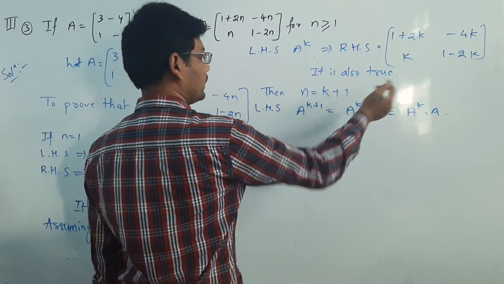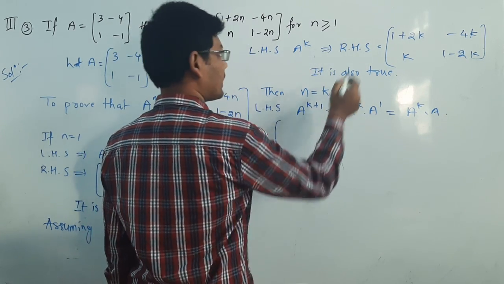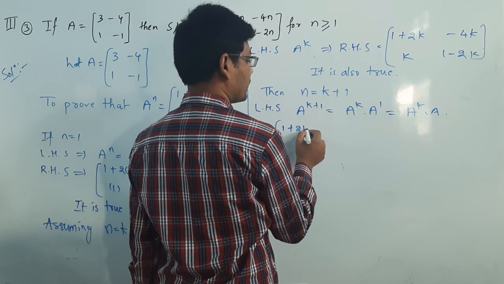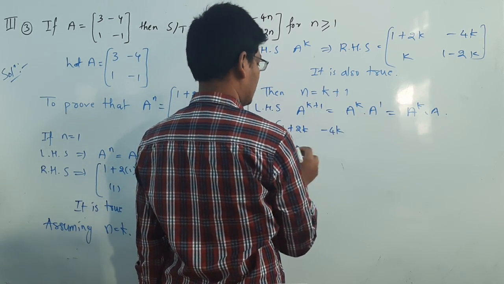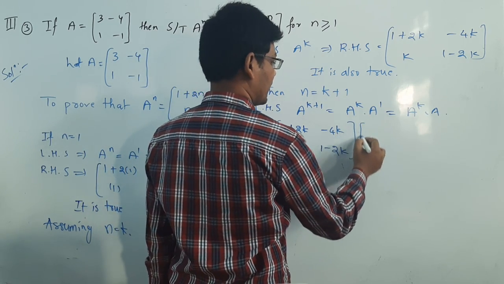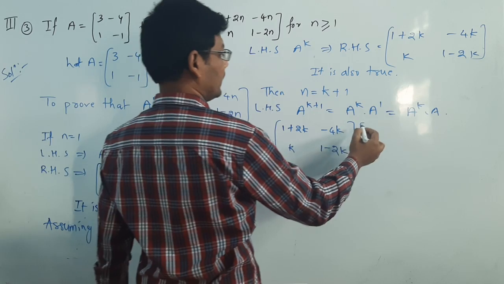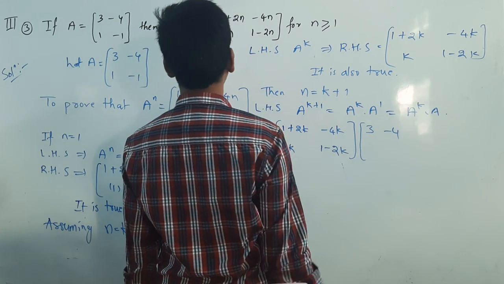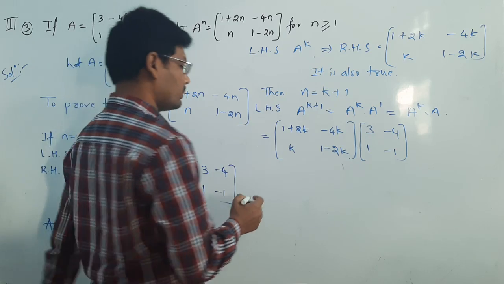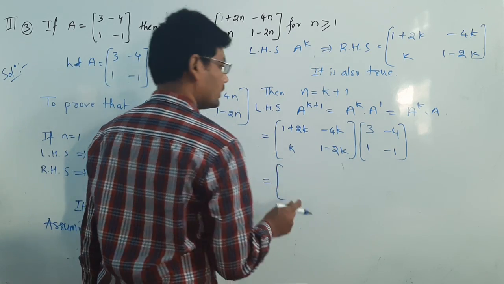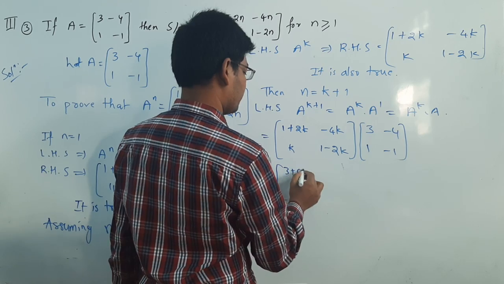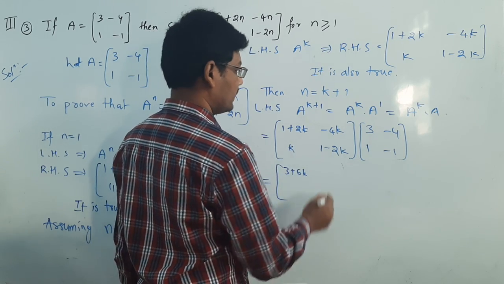A to the power of k is [1 + 2k, -4k; k, 1 - 2k], and A is here [3, -4; 1, -1]. Let's multiply these two matrices here, directly I am multiplying here.